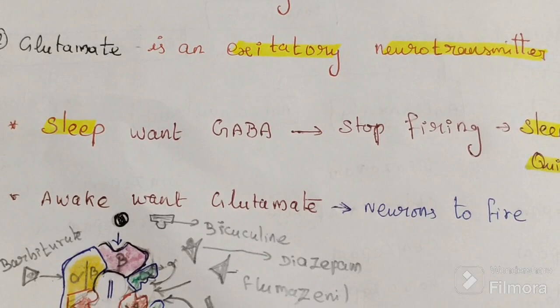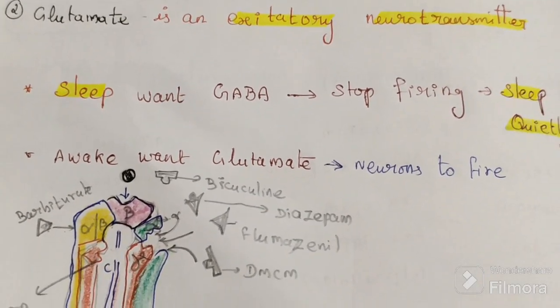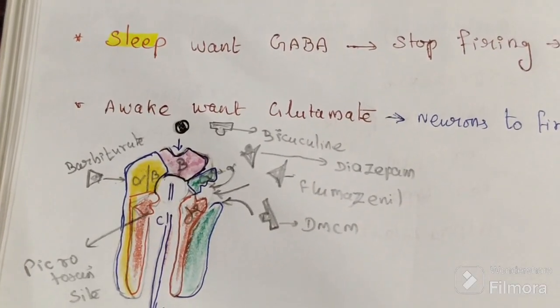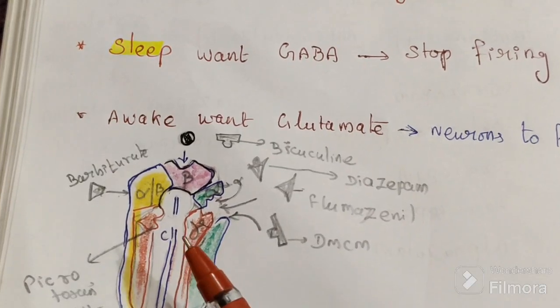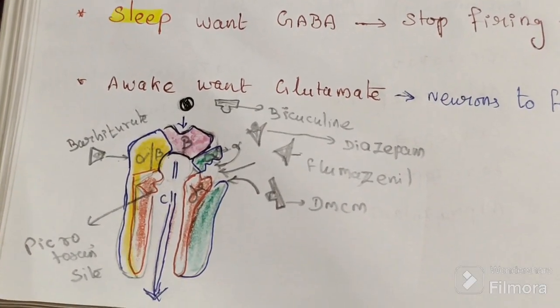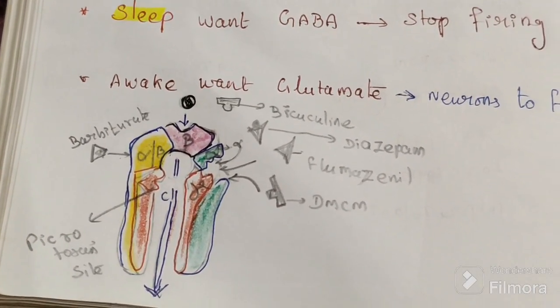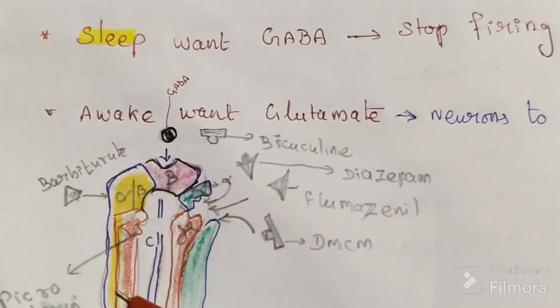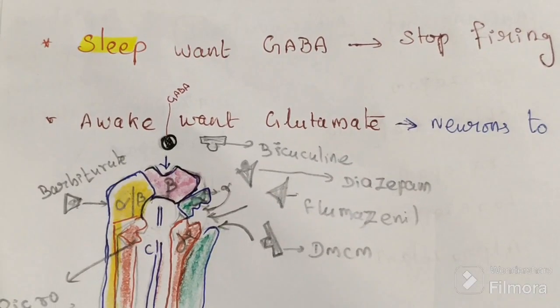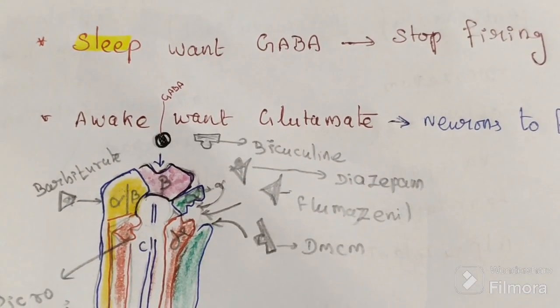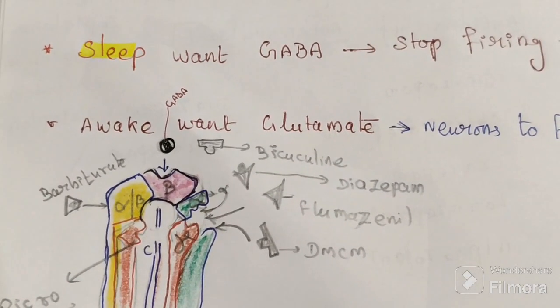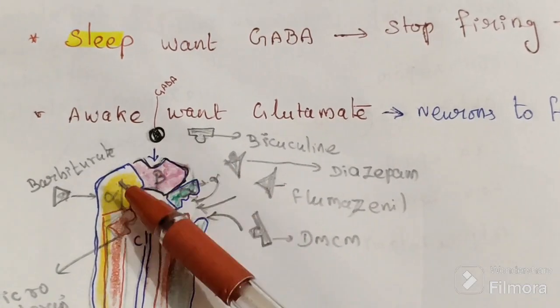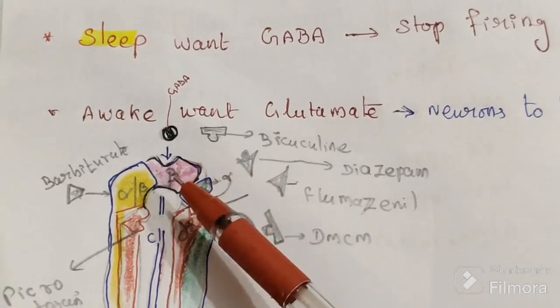So we have to understand the GABA receptor. See this diagram. This is the GABA, and this is the GABA receptor.